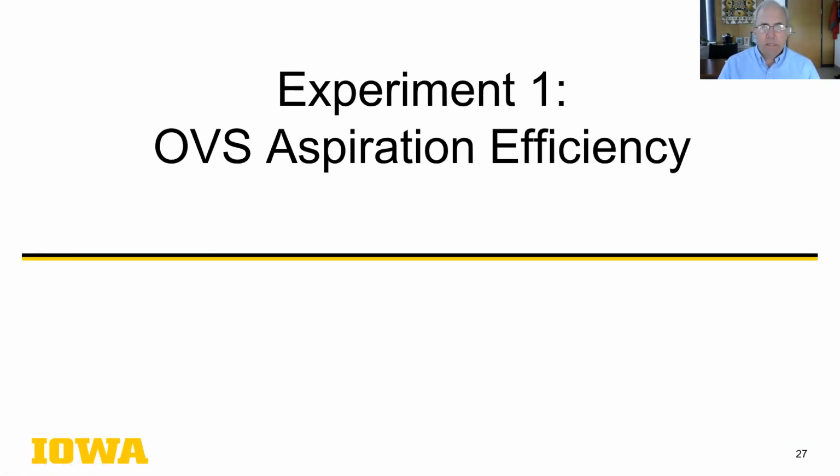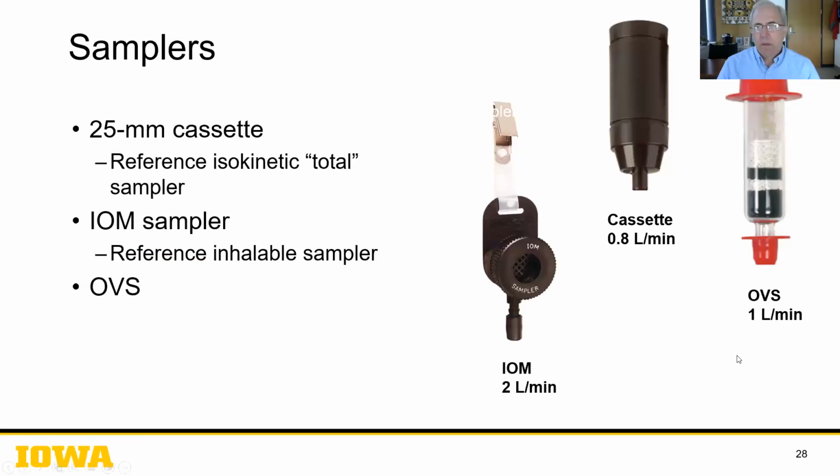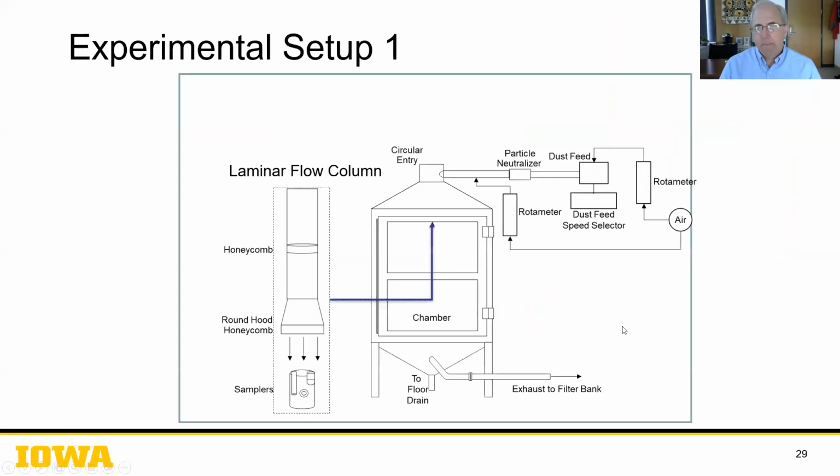In terms of the OVS aspiration efficiency, we compared the OVS to a 25 millimeter cassette pointing straight up in this vertical flow chamber that I'll show you to serve as an isokinetic sampler. So that's measuring the truth, the cassette. And meanwhile, we also had an IOM sampler in there as well.